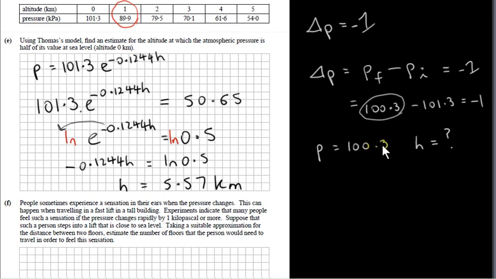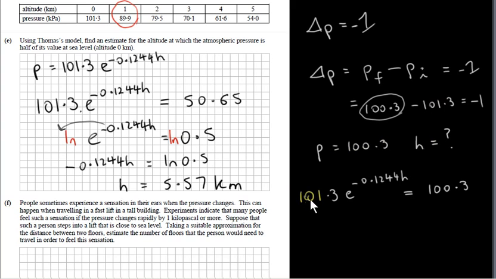This is a pressure that is 1 kilopascal less than the pressure at sea level. The pressure at sea level was 101.3. So 101.3 minus 1 is 100.3.